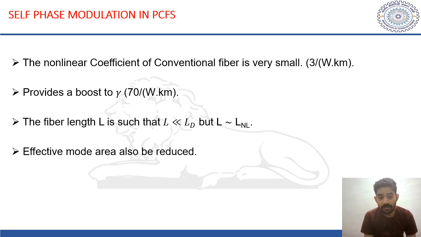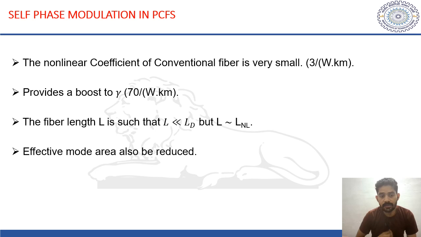In conventional fiber, the effective mode area is very high. Here we can say the mode field diameter is equal to 2 times the beam waist, and the effective mode area is equal to pi times the beam waist squared.